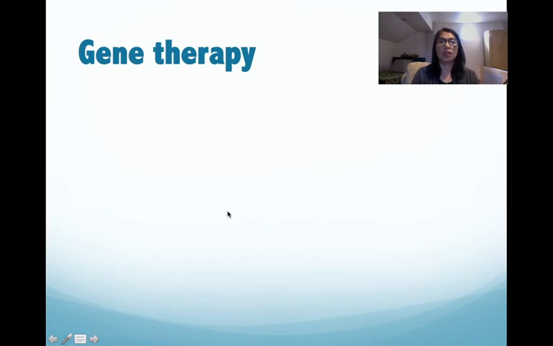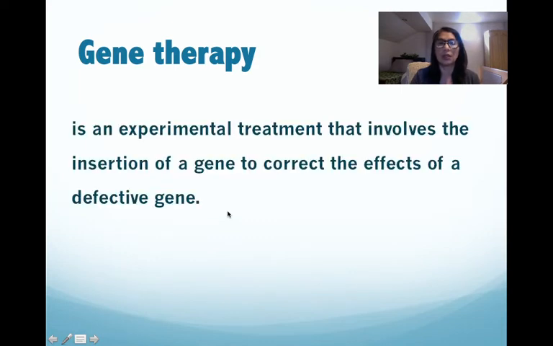So what is now the cure? Not really a cure, but that is how to overcome these defective genes. So we now have gene therapy. So what is gene therapy?